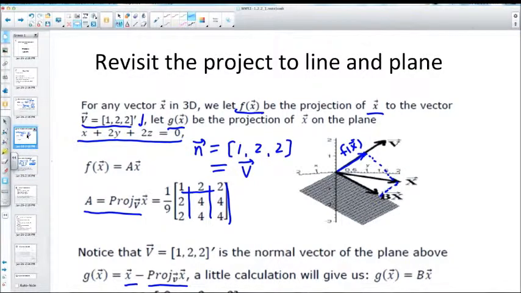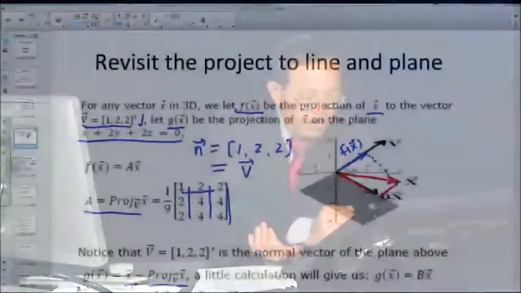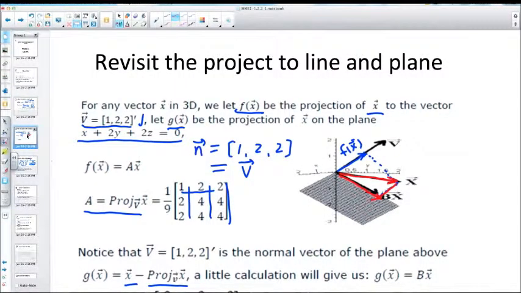Let me explain. From the geometric point of view, now you have an X, whatever vector. You first project it onto the plane, and you get the shadow of this vector on the plane.